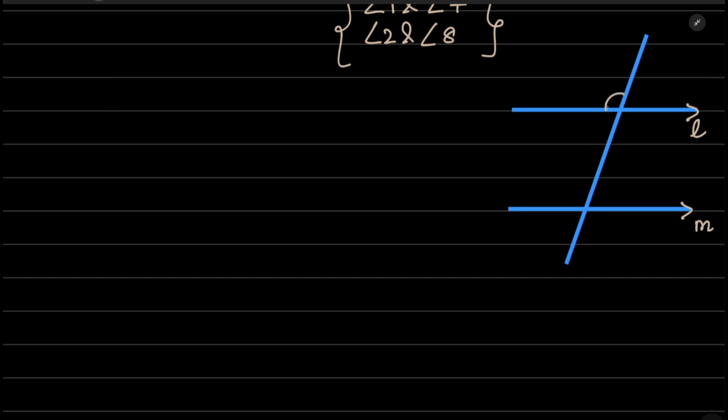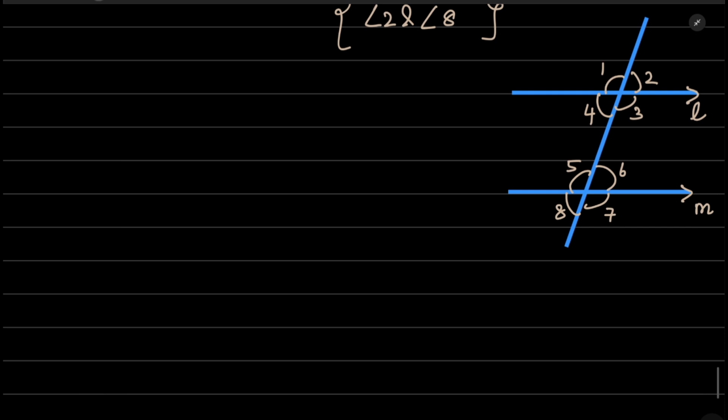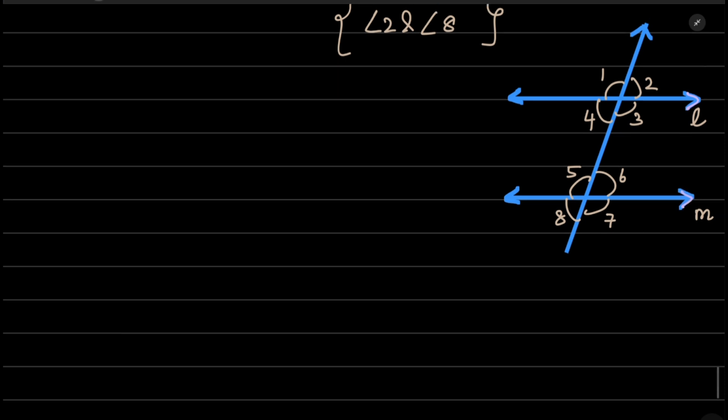Okay. And let me draw these angles again: 1, 2, 3, 4 and then 5, 6, 7 and 8. Okay. Now understand the fact that these are the arrows that go here.